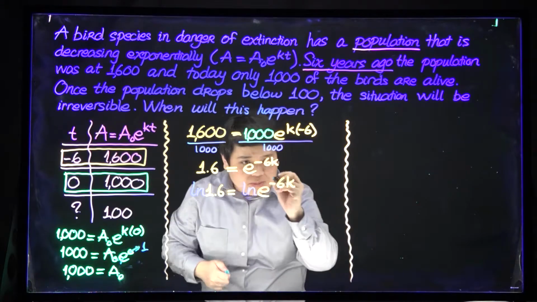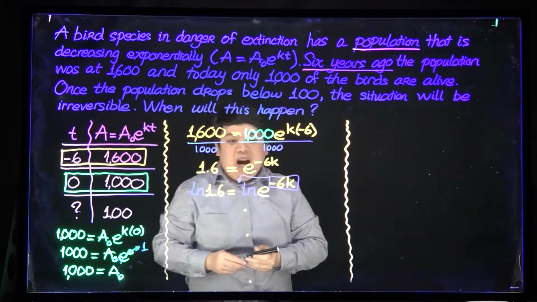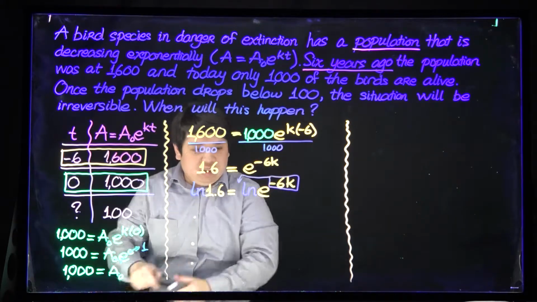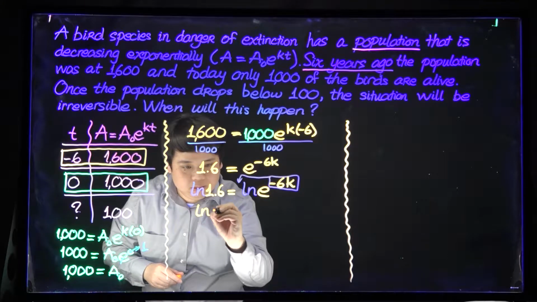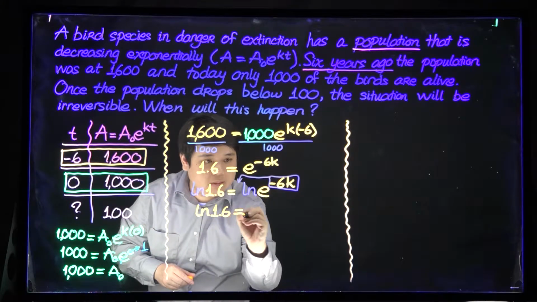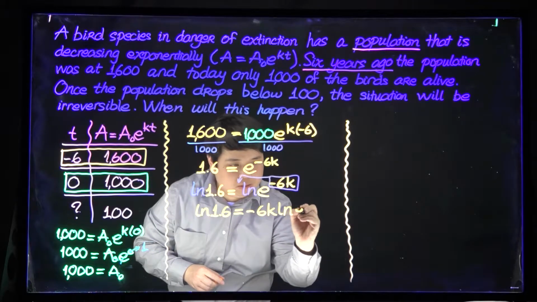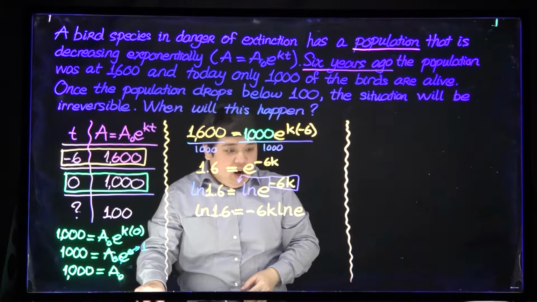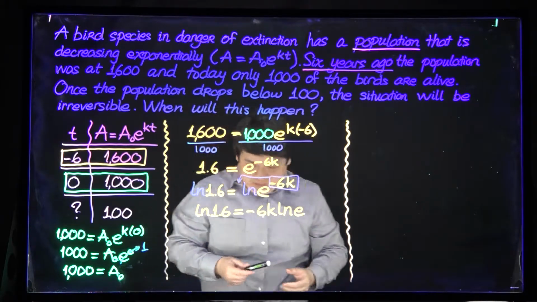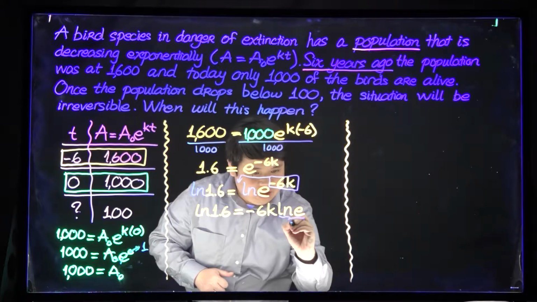But let's just move this exponent outside as a coefficient. Now we have ln of e, and ln of e is equal to 1.